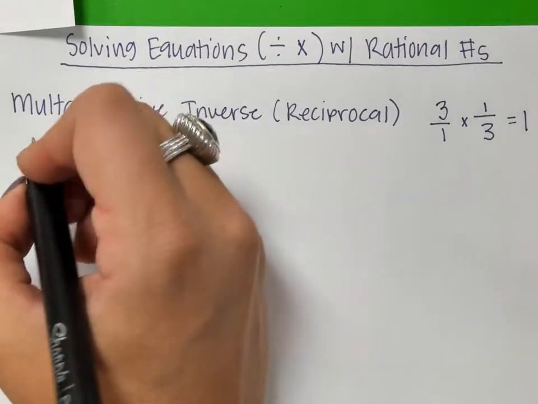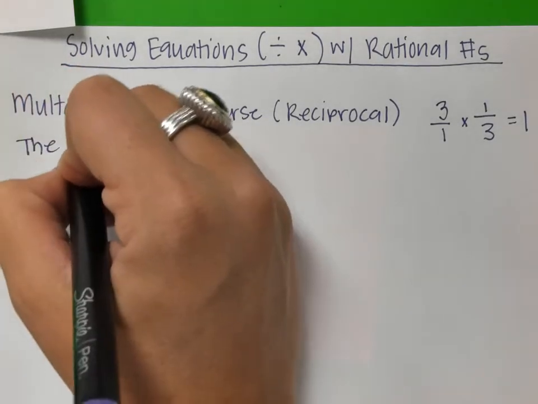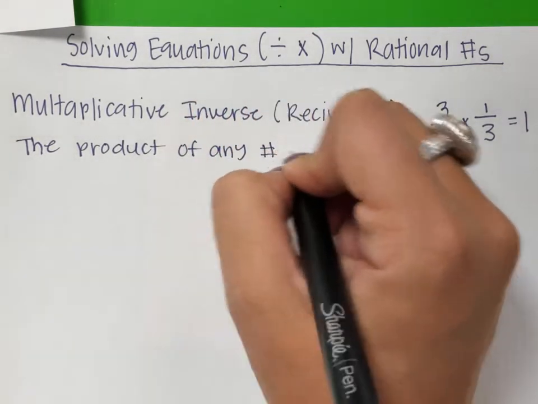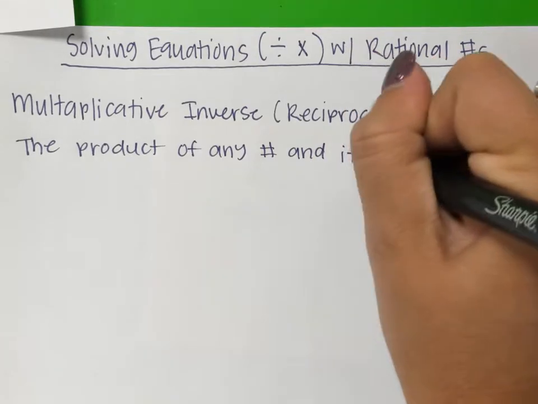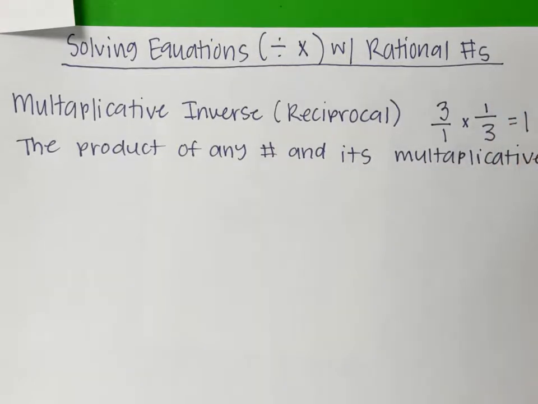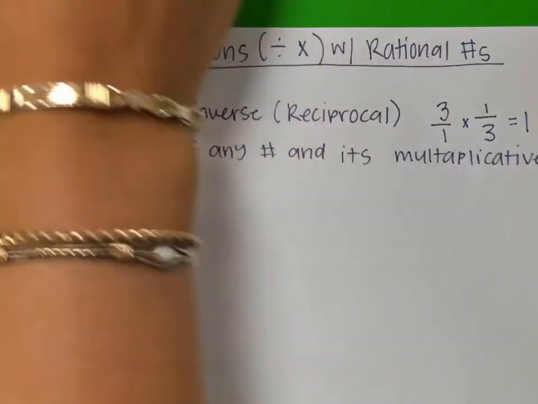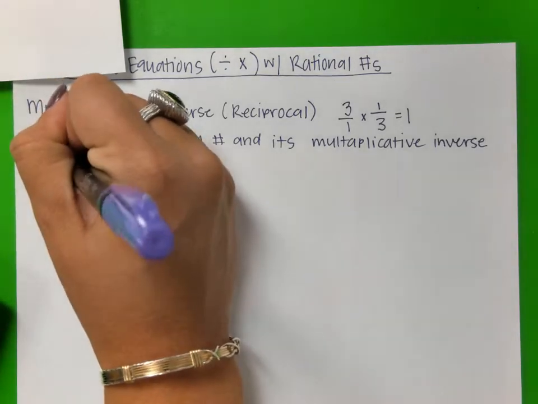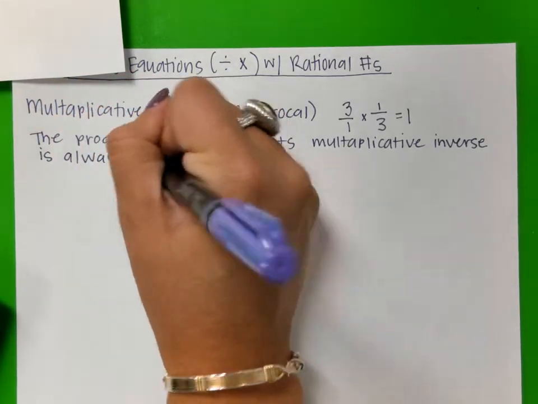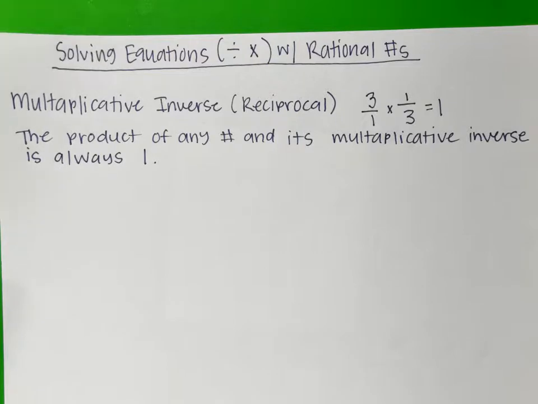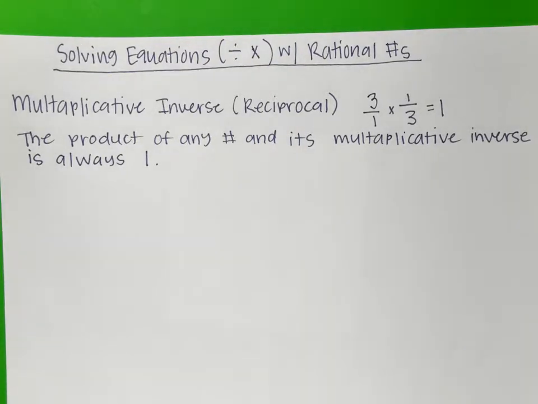So, if I have the product of any number and its multiplicative inverse, the product of any number and its multiplicative inverse is always 1.